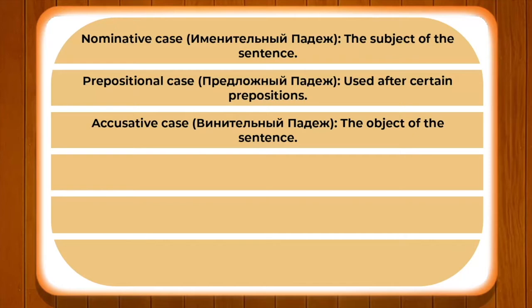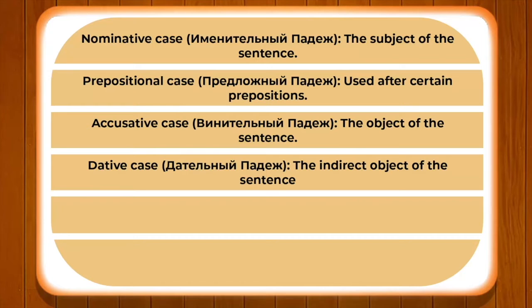It is known as vinitelny padezh in Russian. Vinitelny padezh is where the object of the sentence is determined. The fourth one is the dative case. It is known as datelny padezh. The indirect object of the sentence is determined in this case.